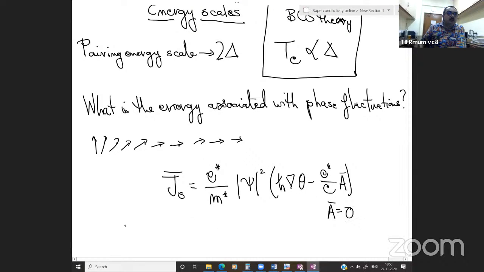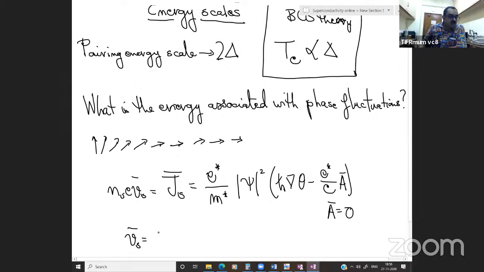So I take A equal to 0, which in other words would mean that Vs, so I can write this as Ns e Vs, which we have been doing throughout.